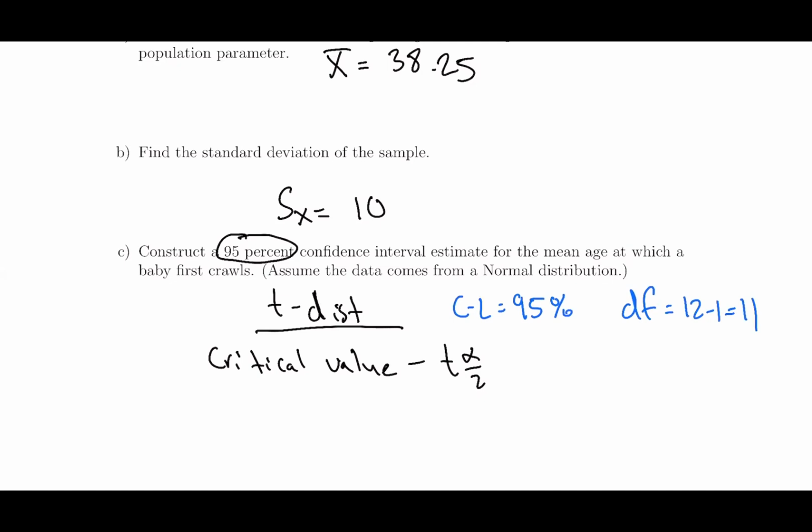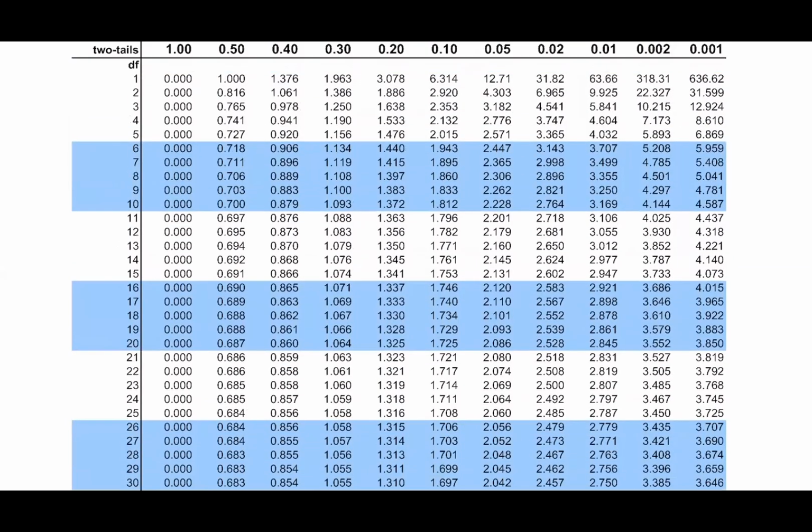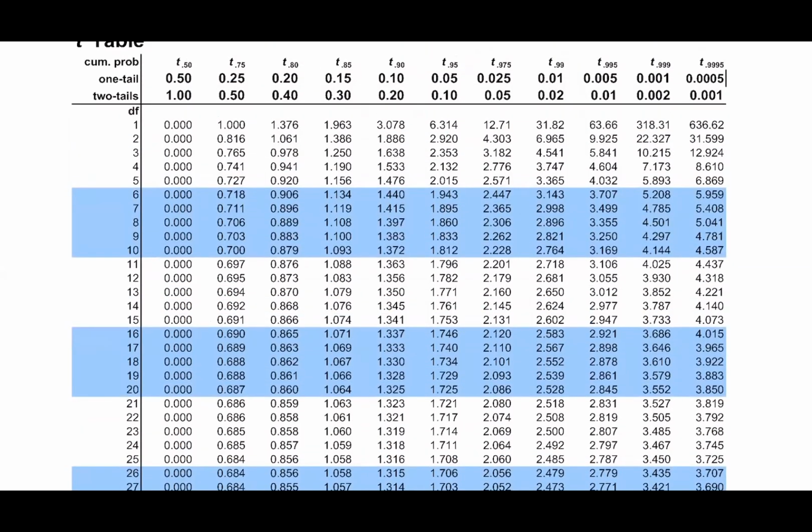All right. Any question for confidence level or degrees of freedom? All right, so I'm going to go back and go to my t table. In the t table, I'm looking for confidence level 95%, degrees of freedom of 11. So if you look right here, here's DF. Degrees of freedom of 11 is right over here.